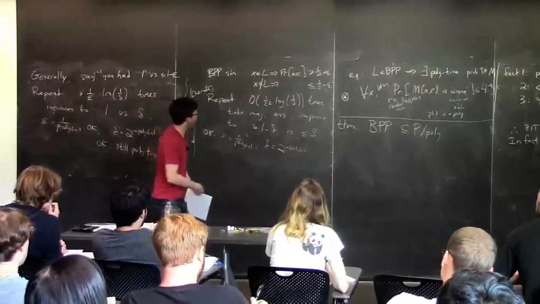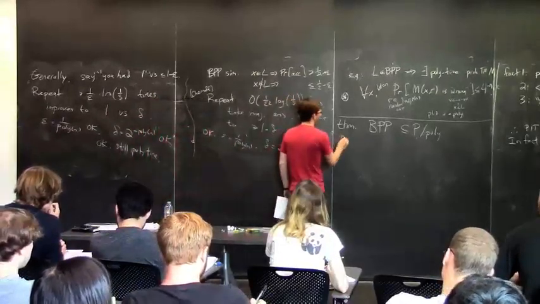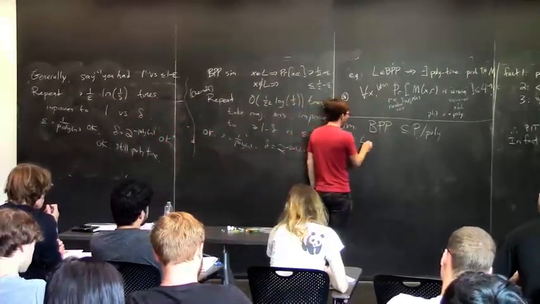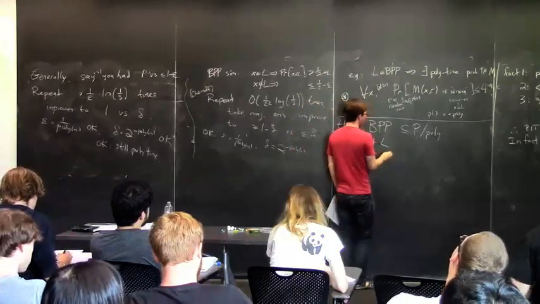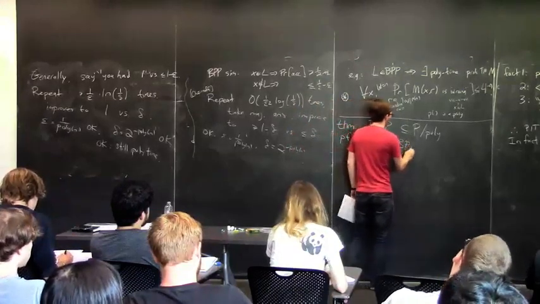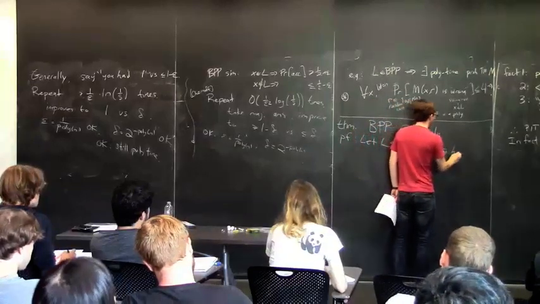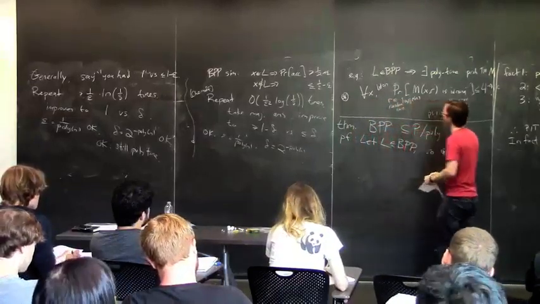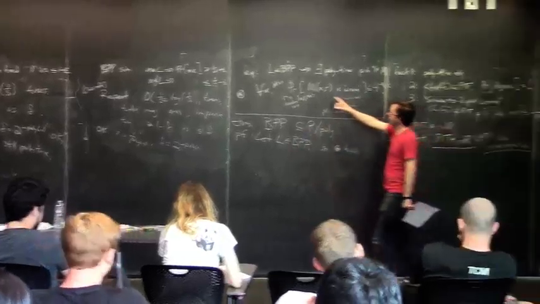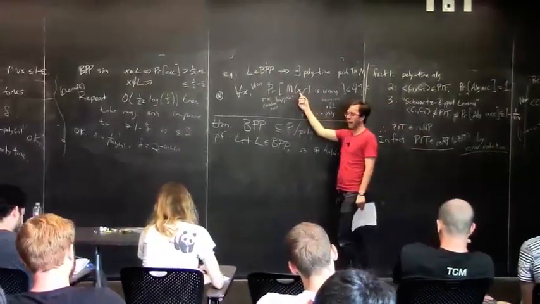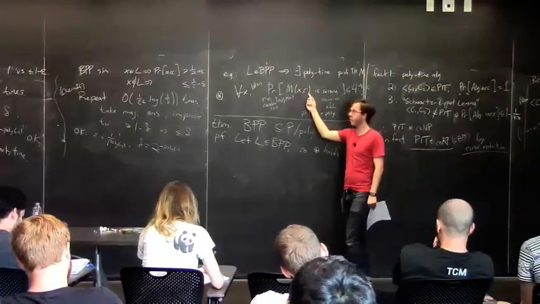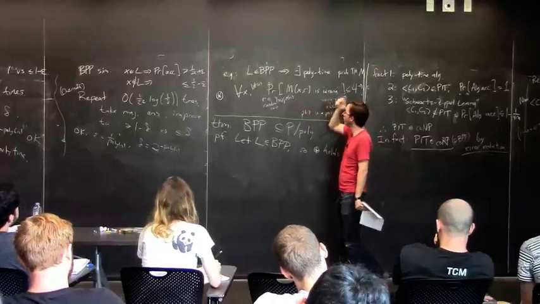So what's the idea of the proof? What do we have to do? Let L be in BPP. We have to show that it's in P/poly. So say star holds. What is star? We have this great deterministic algorithm M that takes as input x, and also wants as input a random string of length polynomial in the length of x.